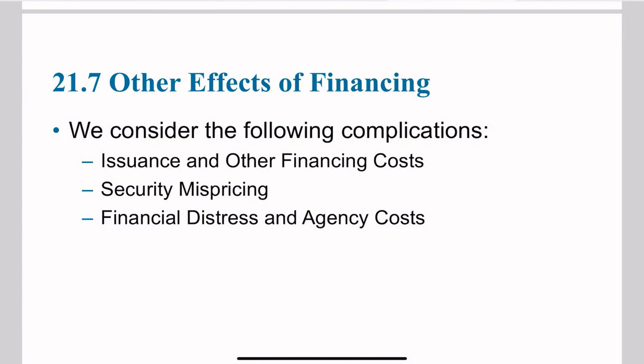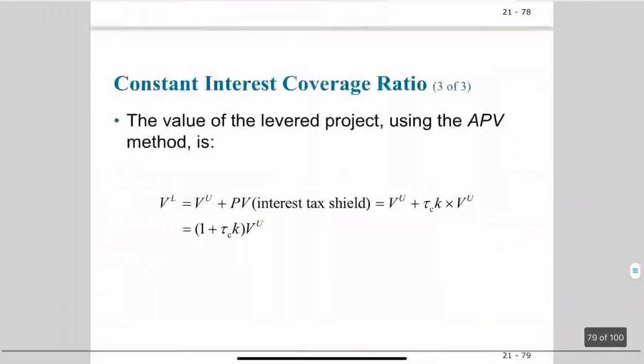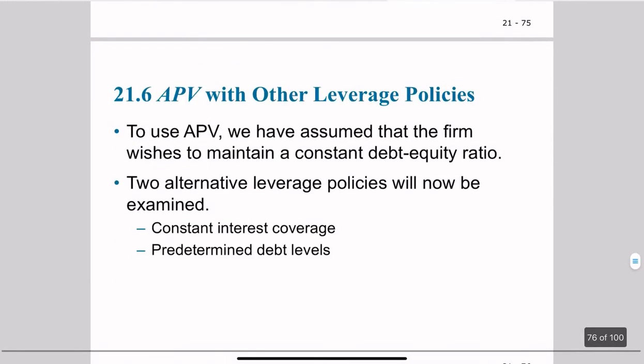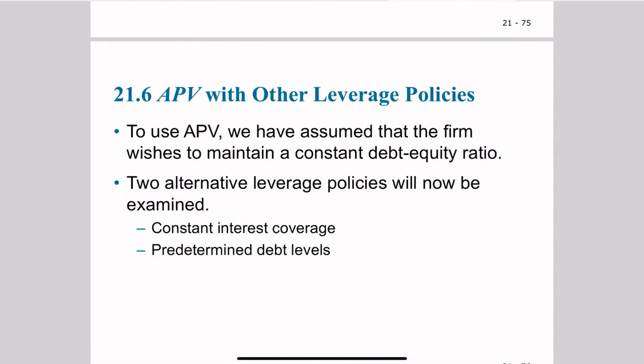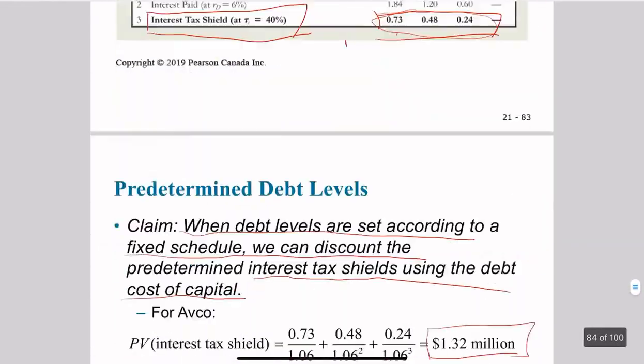In the last lecture, we talked about two different cases. The first was the constant interest coverage ratio. The second was the firm uses predetermined debt levels. And today we relax this second assumption.